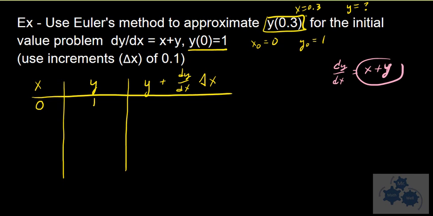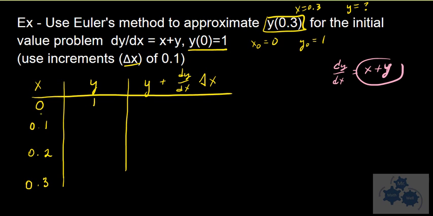This is the y value when x equals 0.3. So down here, we're going to have 0.3. That's what we're going to get to. And the increments, the step size, the incremental size of delta x, we're going to change by 0.1 each time. So we're going to have 0, then we're going to move to 0.1, then 0.2, and finally 0.3.